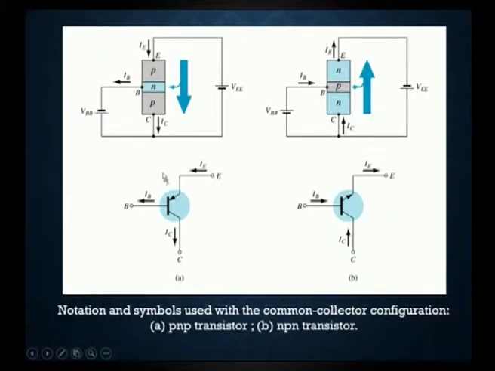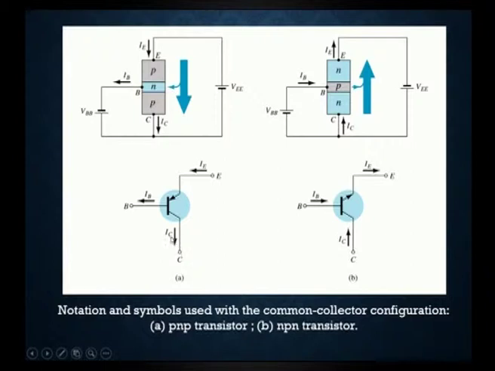The notation and symbol for the common collector configuration for NPN and PNP transistors are like this. For PNP, we can observe the collector is common for both input and output. This is the emitter current flowing from emitter to collector, and this is the base current, and this is the bias voltage that we can give from base and emitter. The majority carriers flow from emitter to collector.